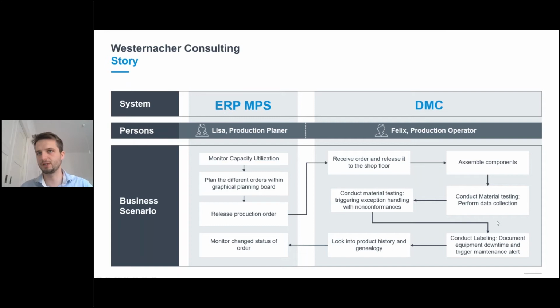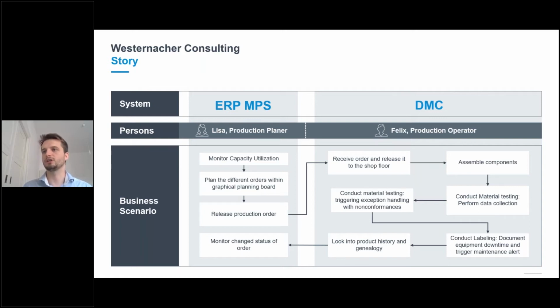So for the business scenario, first of all, we're going to go into the Fiori application of the S/4HANA. Then we're going to monitor the capacity utilization. Then we go to plan different orders within the graphical planning board and release the production order to the DMC, or the shop floor. We're going to receive the order and release it, assemble the components, and show you a few functionalities within there.